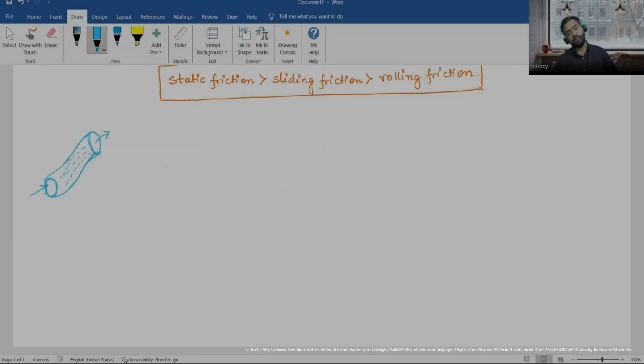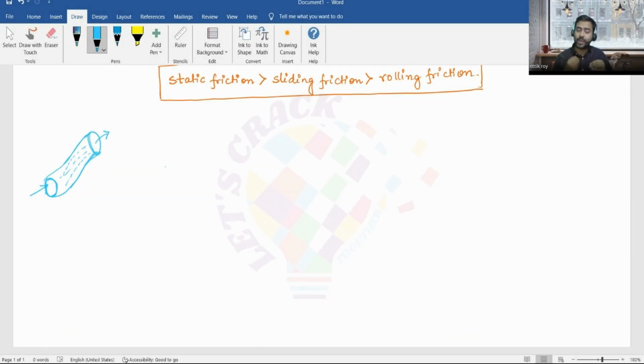If anything is in motion, its motion will always be opposed. The only change is in the term. What we call friction in solids, we call drag force in liquids and gases.